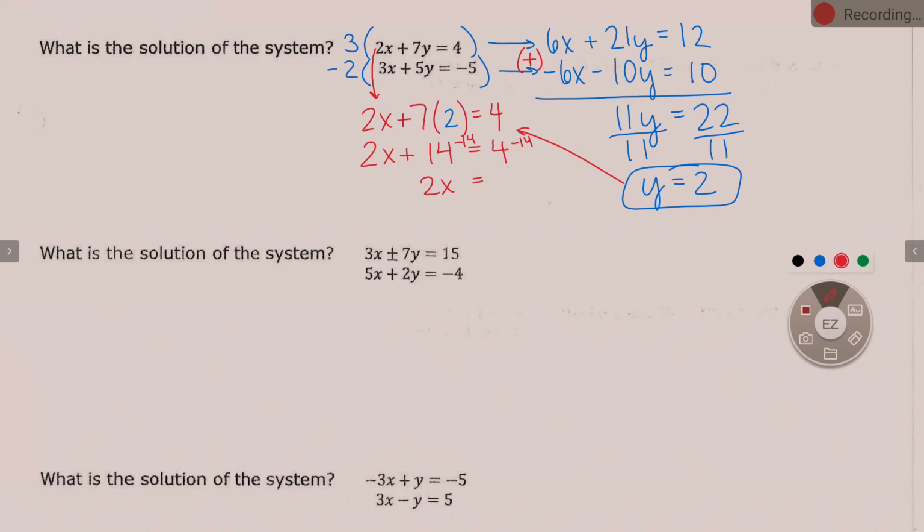What is 4 minus 14? Negative 10. If it's 2x, we're going to divide by 2, and x is negative 5. Okay, final answer? Negative 5, 2.